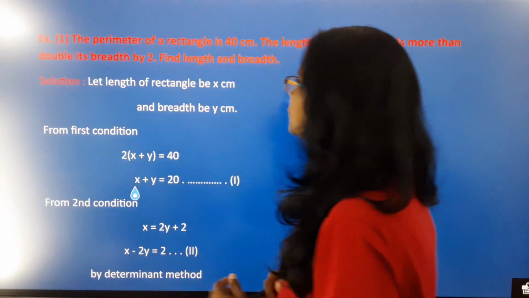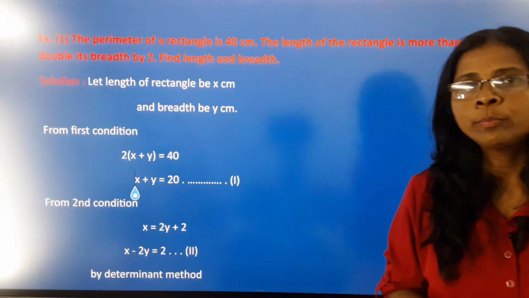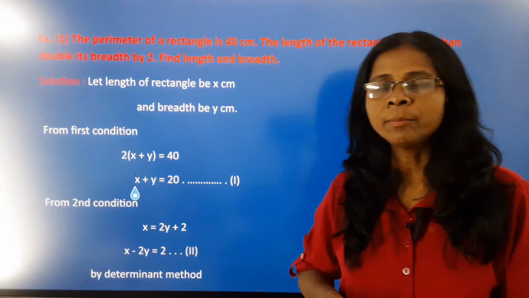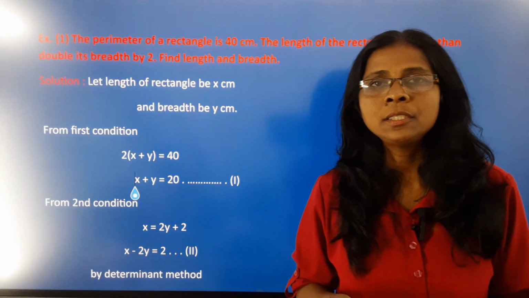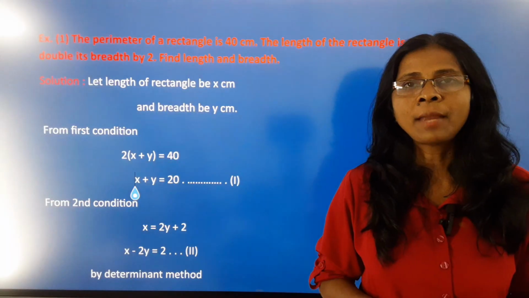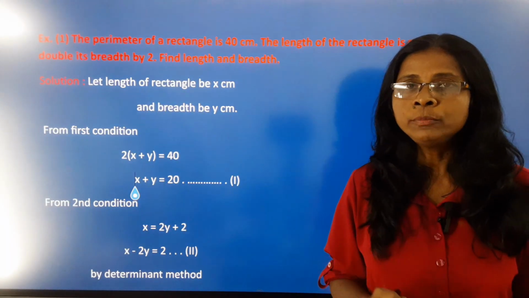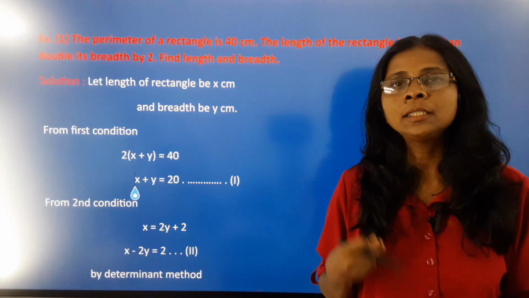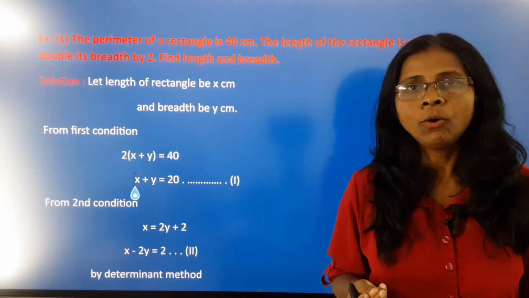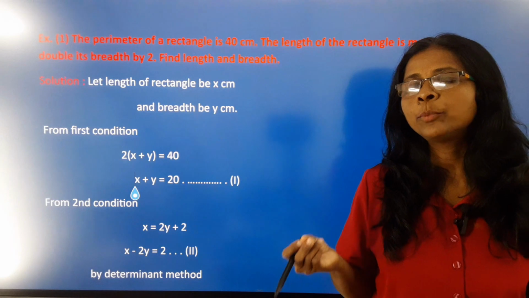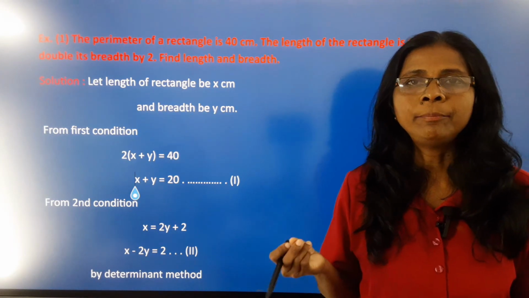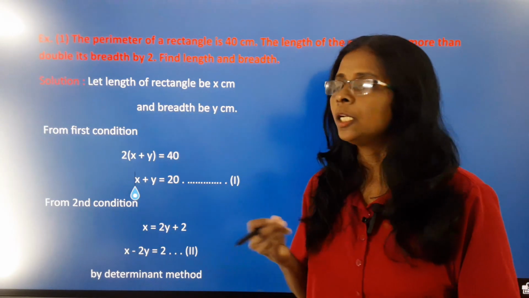Find length and breadth. In this topic, there are some examples of the application of simultaneous equations. That means we have to first form the equation and then try to solve it. This is the process for the application of linear equations.